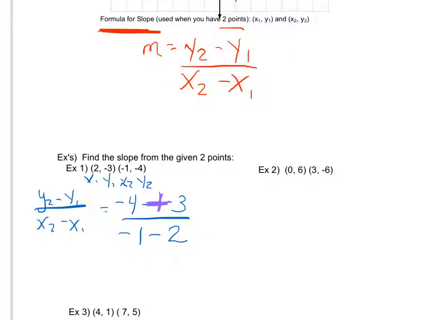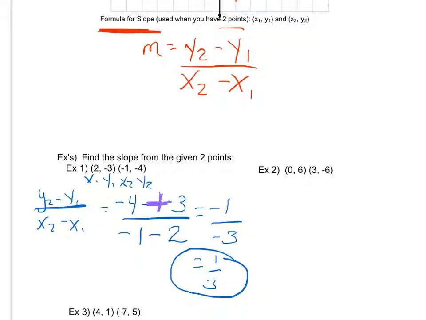So I have -4 plus 3. Well, that equals -1. -1, subtract 2 more. That equals -3. -1 over -3, of course, reduces to 1/3 since a negative over a negative is positive, and we always write things in our simplest form.